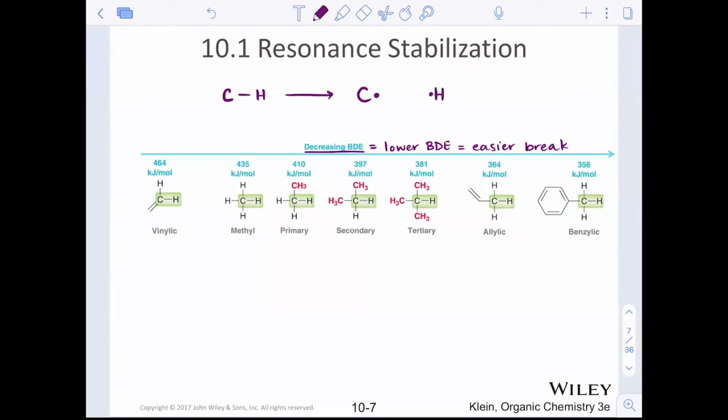Just imagine that is what the bond dissociation energy means. We took this bond and broke it homolytically. The lower the bond dissociation energy, the easier that is to break, which means that this resulting radical is stable.